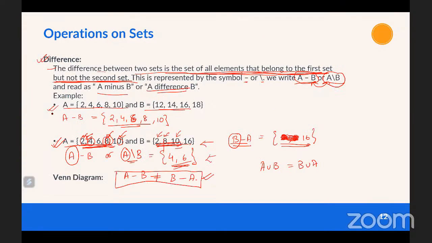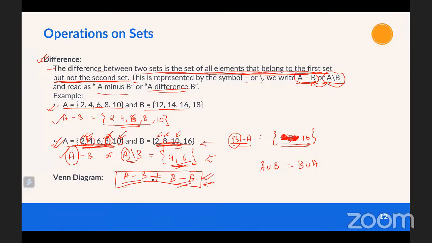But when we are doing the difference of two sets, we cannot say that. It may happen in some example that B minus A is the same as A minus B, but generally it is not true. So there is no law that says this is true, because it is not true. Okay. So A minus B will not be the same as B minus A.